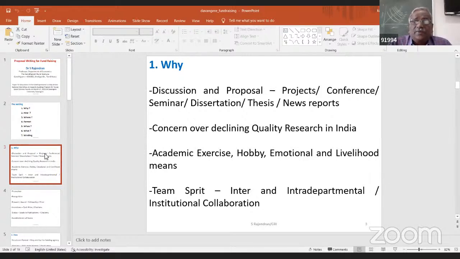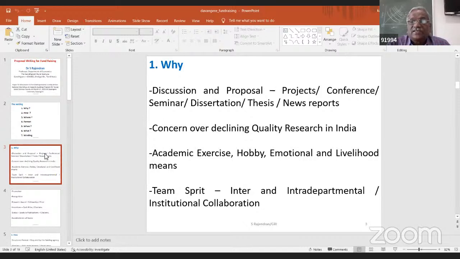N number of issues come to our mind. How do they come? They come from discussions, from interaction in seminars and other academic discourses, and from reading literature such as dissertations, theses, conference proceedings, seminar proceedings, and news reports.